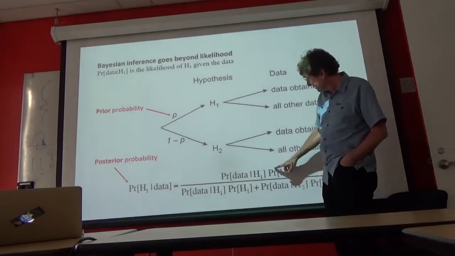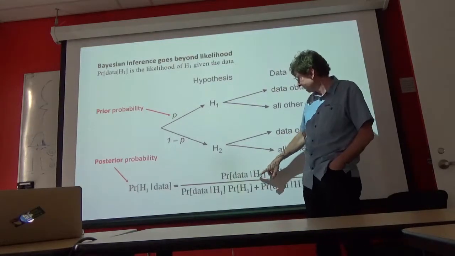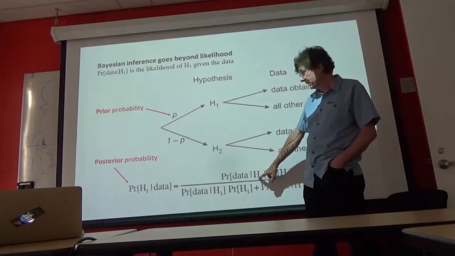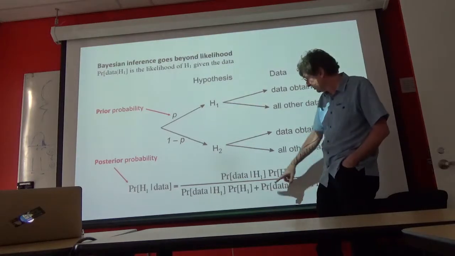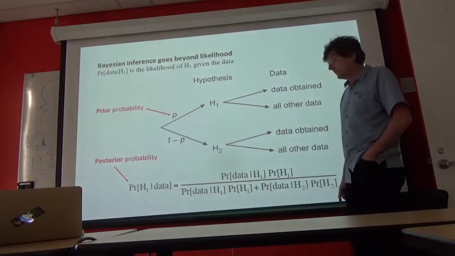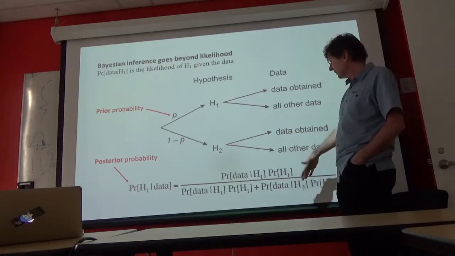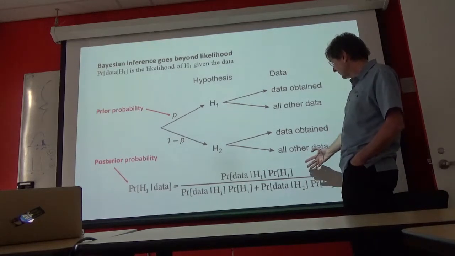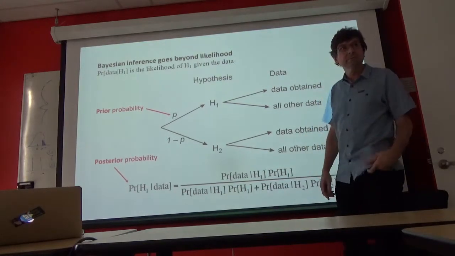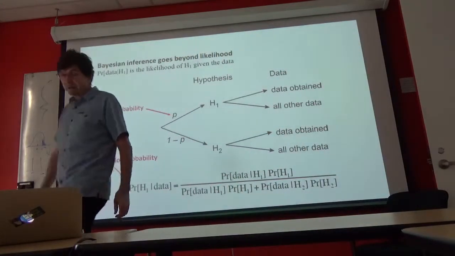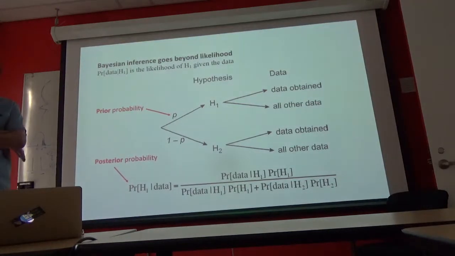This is the likelihood of H1, and this is the likelihood of H2. What's different between an ordinary likelihood ratio and a Bayesian posterior probability is the prior. So you can think that likelihood becomes posterior probability when you can specify a prior for the hypotheses even before you collect the data.